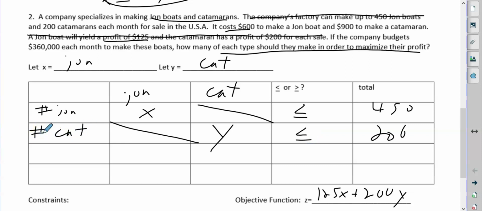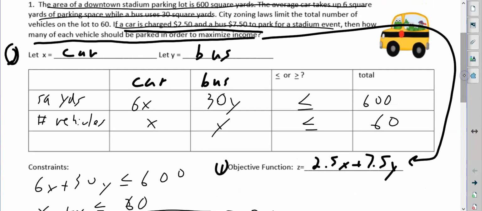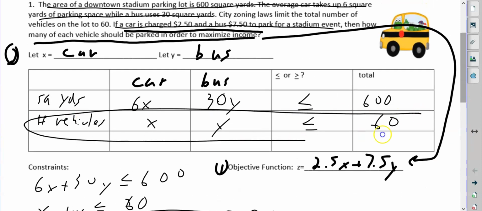Now notice, compared to up here, here we had the number of vehicles total, but no limits on each individual one. Now I could have said, I don't want any more than 15 cars. Or maybe I don't want any more than 15 buses.